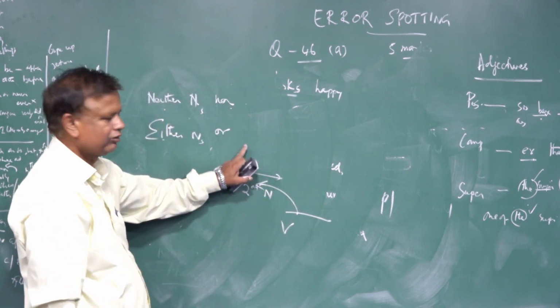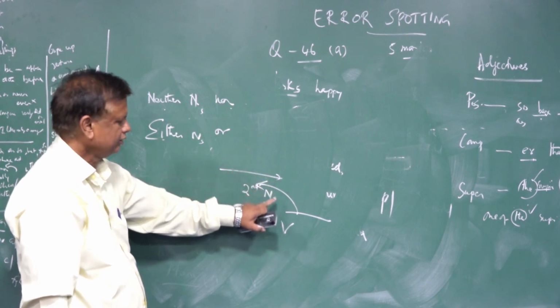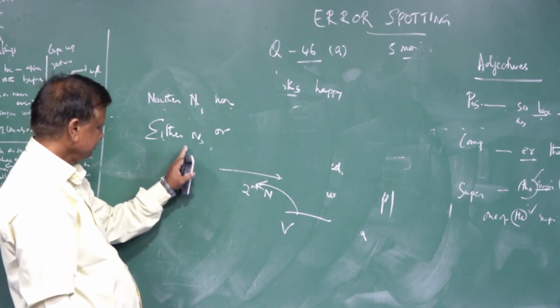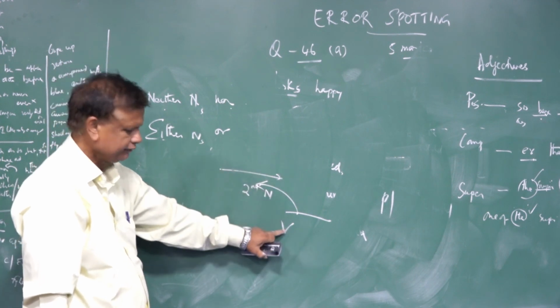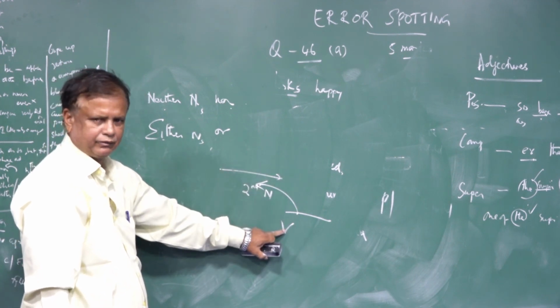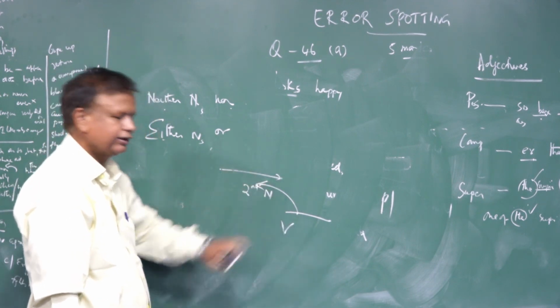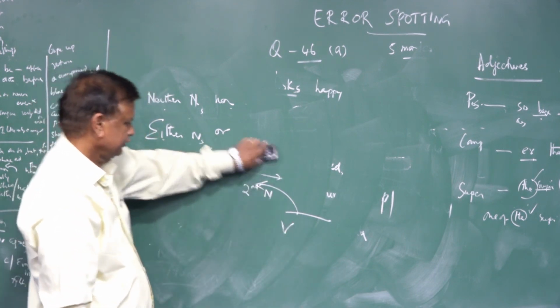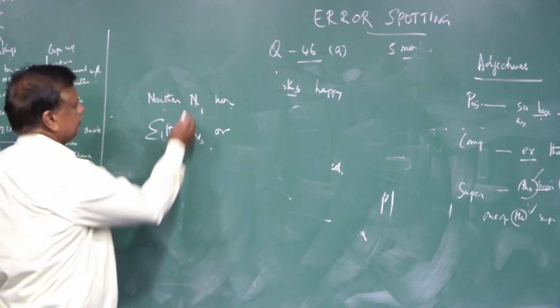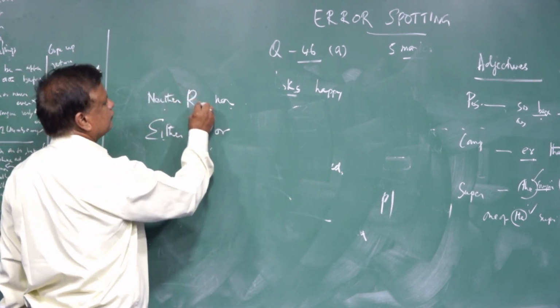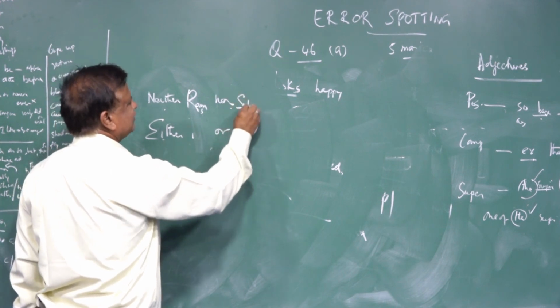If the second noun used is singular, make the verb singular, or if it is plural, you use plural. I will show that with one example. For example, neither Ram nor Sita.